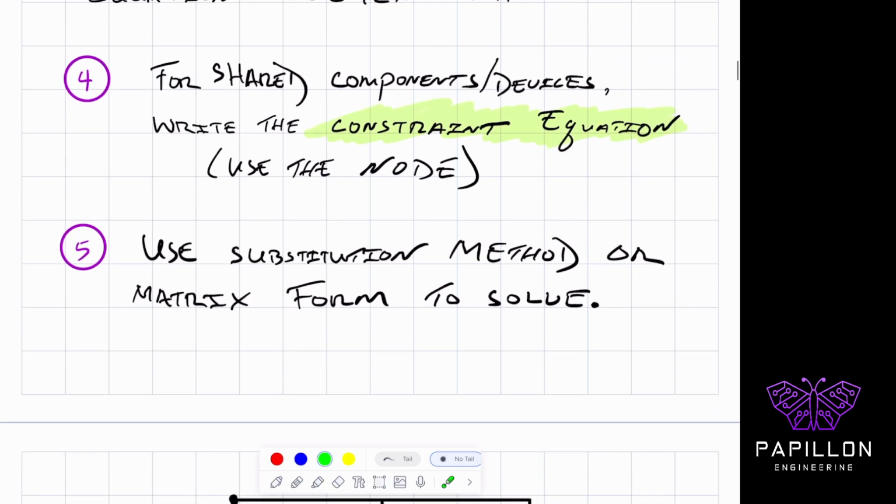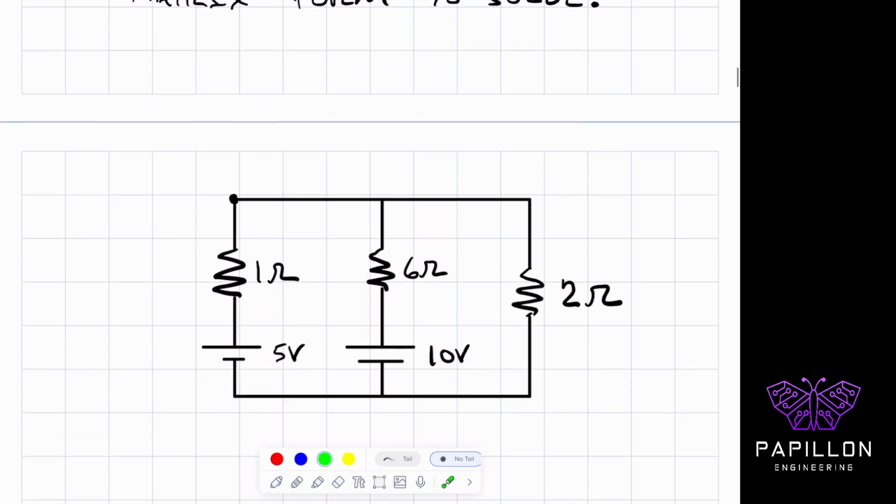And the last step of our 5-step process is going to use a technique. Either we're going to use the substitution method or a matrix form to solve the actual problem itself, because that's what mesh does. It lends itself to a problem that's straightforward substitution or matrix form. So let's put that to the test.